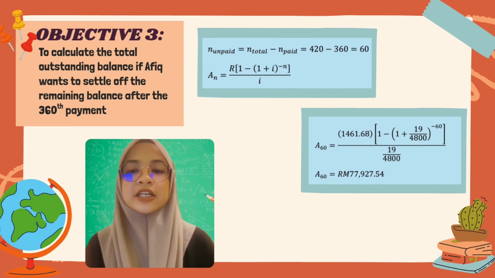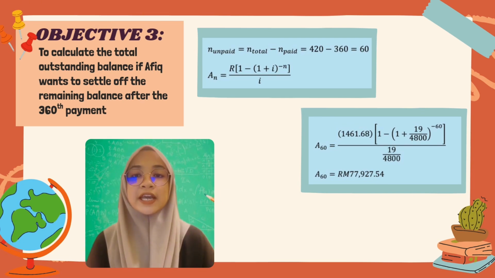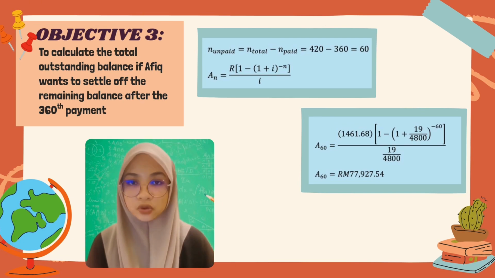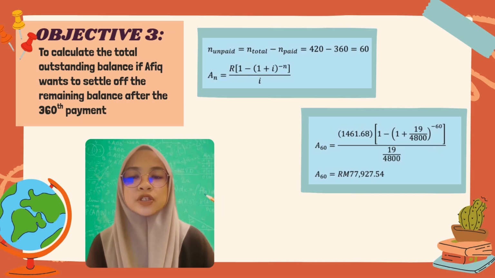Objective 3, to calculate the total outstanding balance if Afiq wants to settle off the remaining balance after the 360th payment. N unpaid equals N total minus N paid. N unpaid equals 420 minus 360 equals 60.